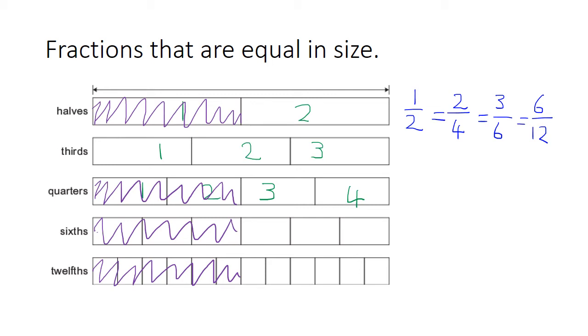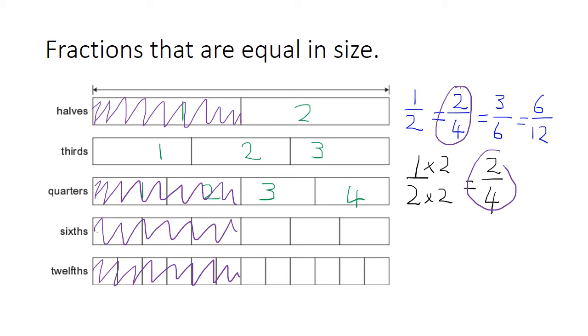To change from the one to the other, we just need to multiply the numerator and the denominator by a constant, by the same value. So say for instance we've got a half. If we multiply both the numerator and the denominator by 2, then we end up with 2 quarters. And 2 quarters is exactly what we're looking for. It's an equivalent fraction. We said already that 2 quarters is the same size as 1/2.